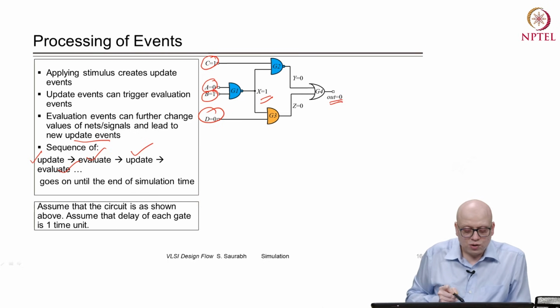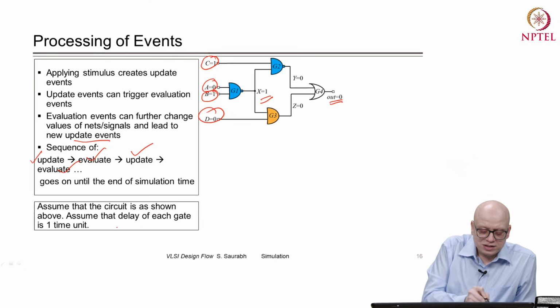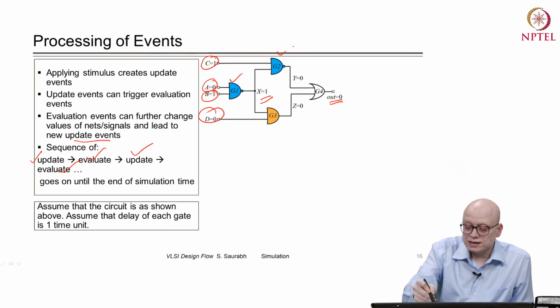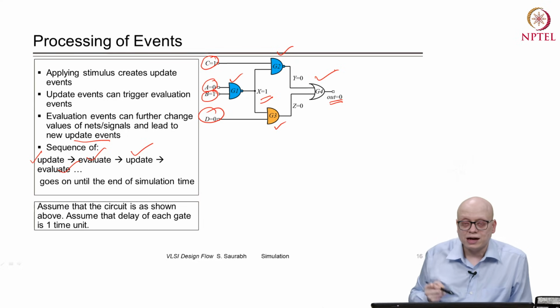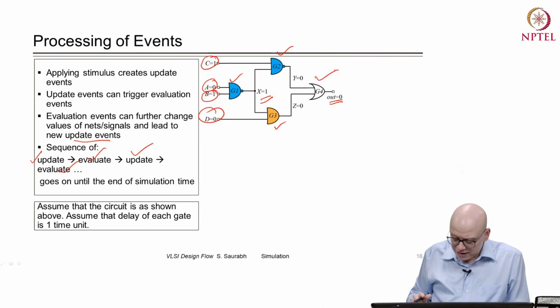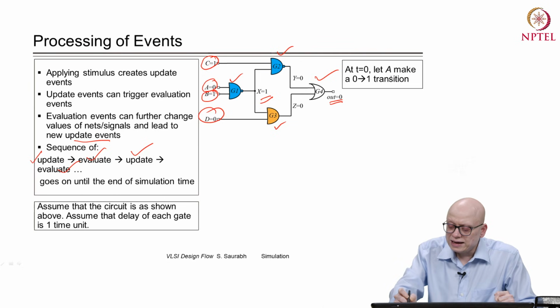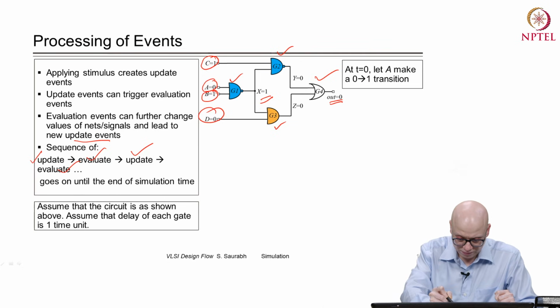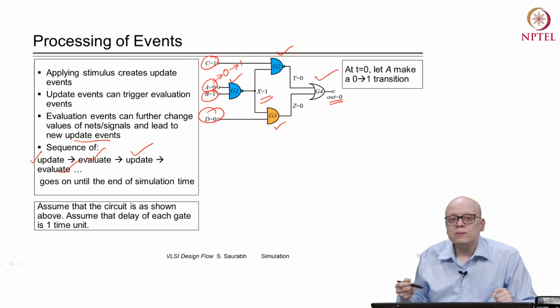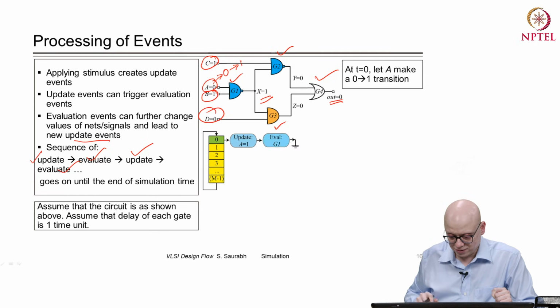Now, assume that the delay of each gate is 1 time unit, and we assume that at t is equal to 0, A makes a transition from 0 to 1. Now, how will the processing of events be done?